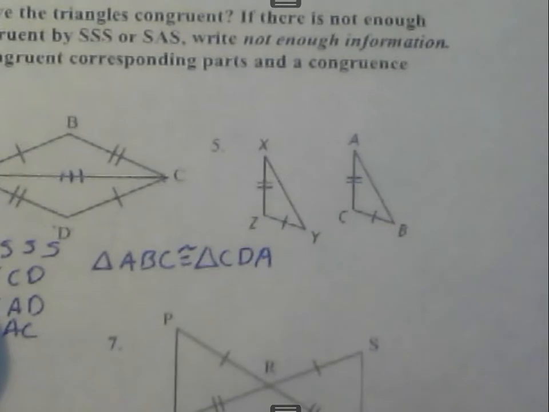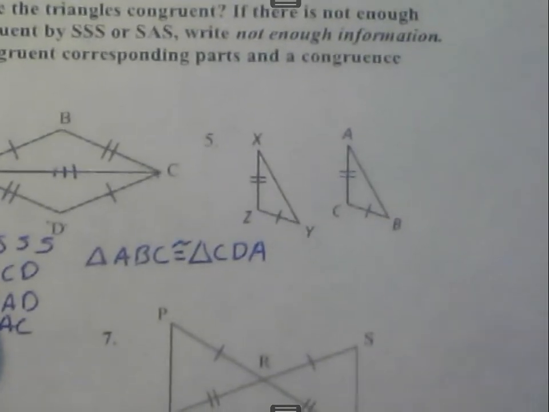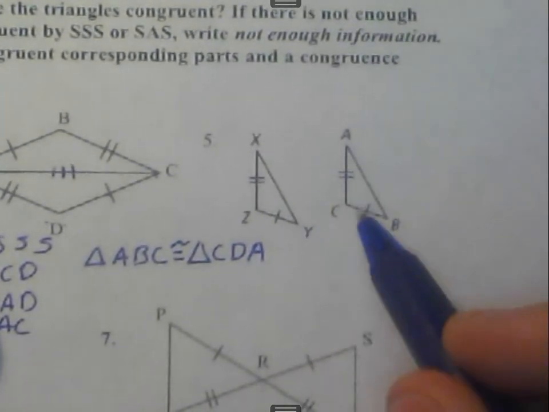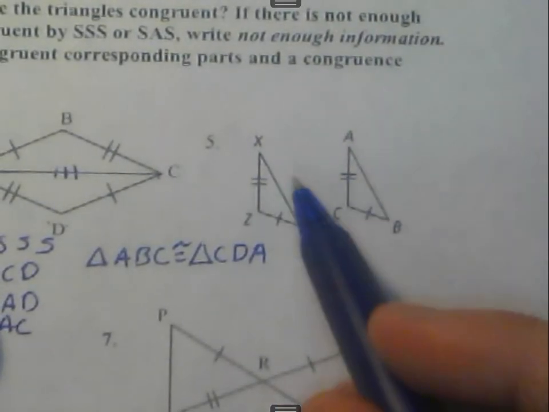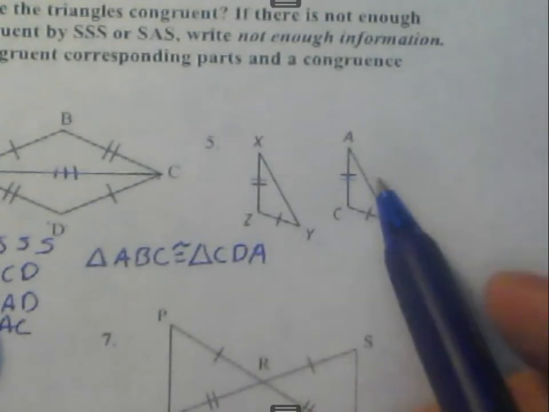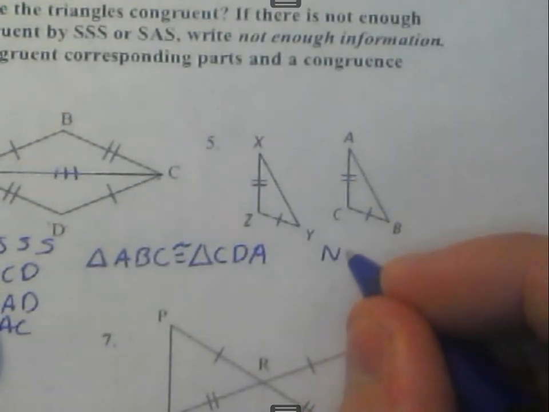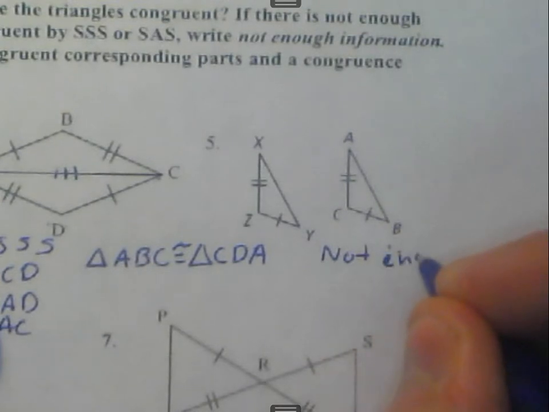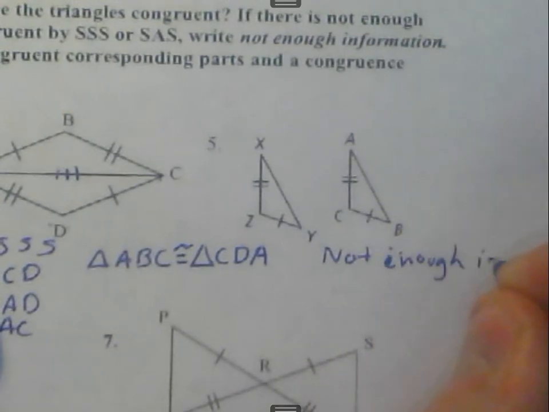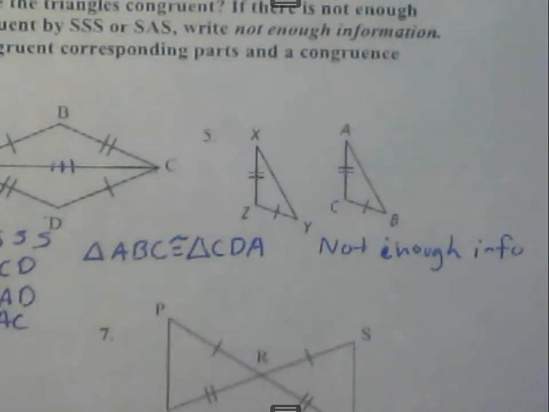All right, number 5. Do I have enough information to show that these are congruent? Well, I don't know this angle. It's not marked, so I can't just assume. And this side, I don't know if it's congruent, so in this case, this is not enough information.